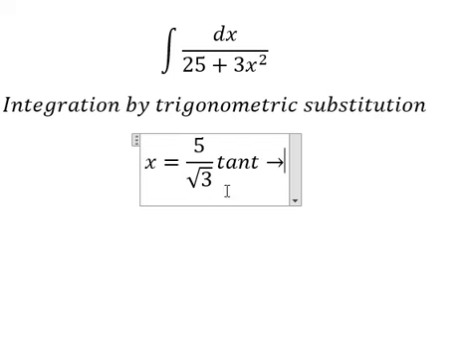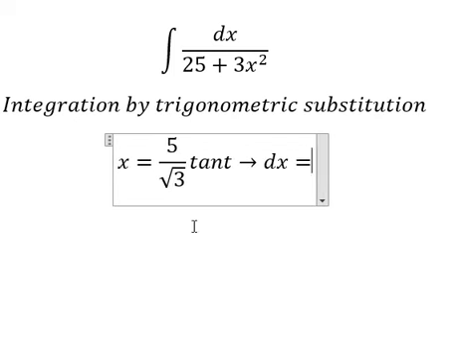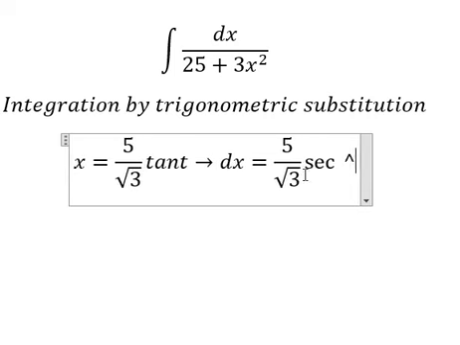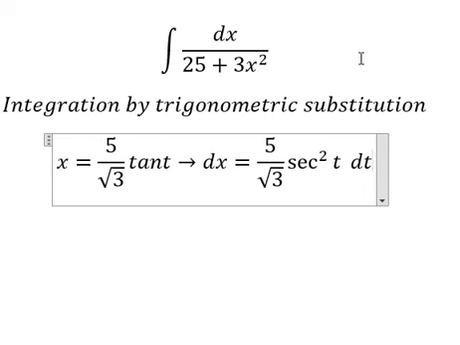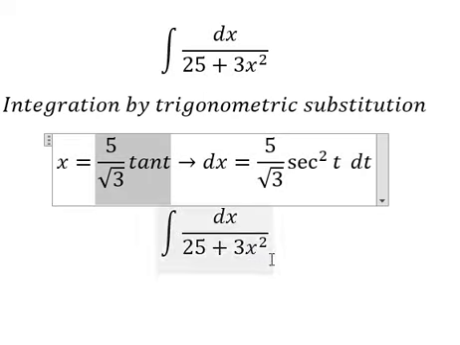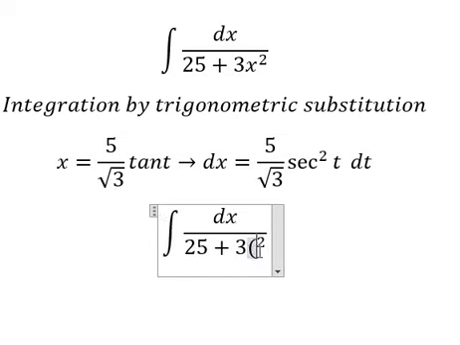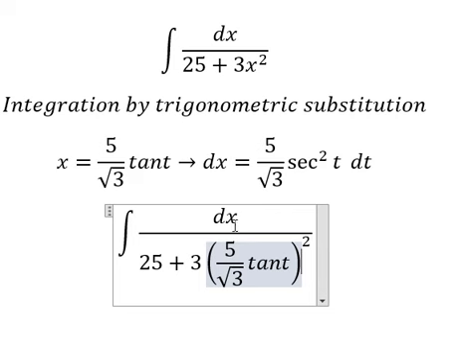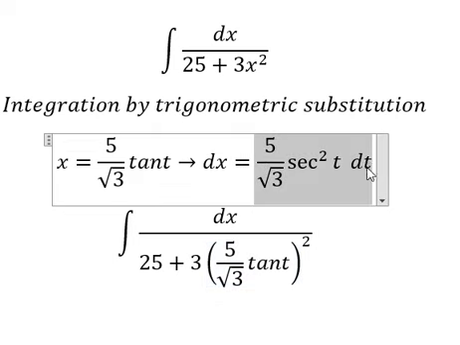Next, we need to first take the derivative of both sides, and we have it like this. So I will put this one in here. dx we change to this one.